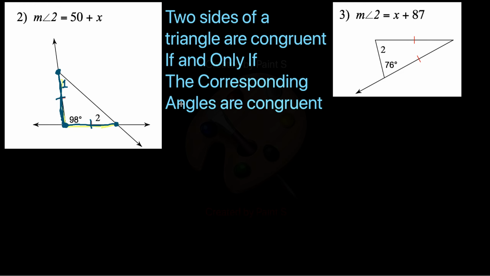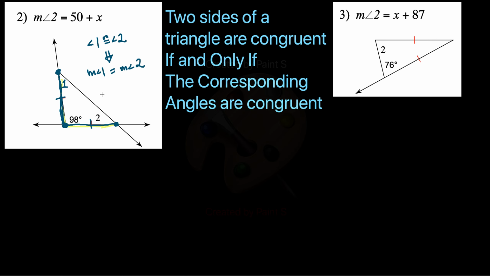So the theorem states that angle 1 is congruent to angle 2 because their corresponding sides are congruent. If the sides are congruent, then the corresponding angles are congruent. So angle 1 is congruent to angle 2. This just means the measure of angle 1 is equal to the measure of angle 2.